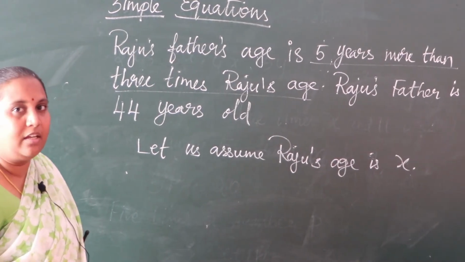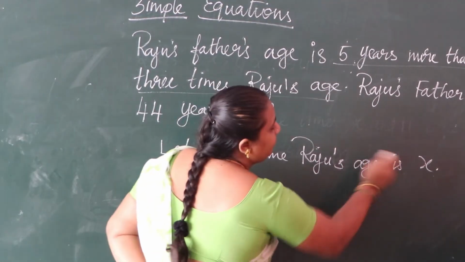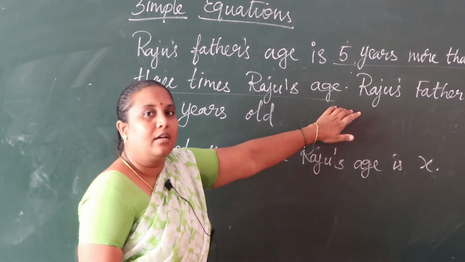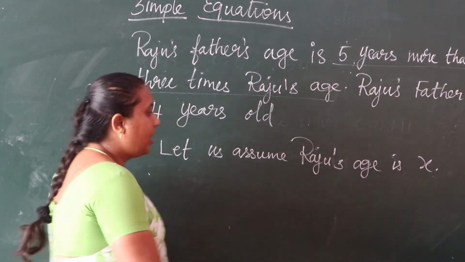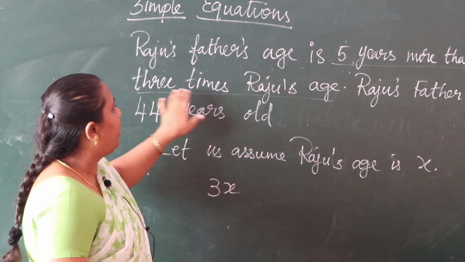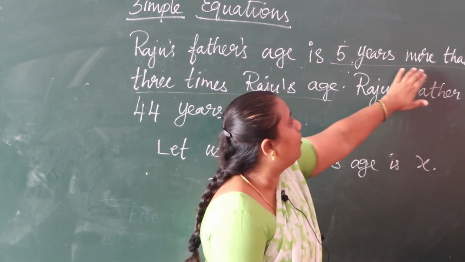We can take y or z, anything. So let us assume Raju's age is x. Then 3 times Raju's age means 3x. Understood?